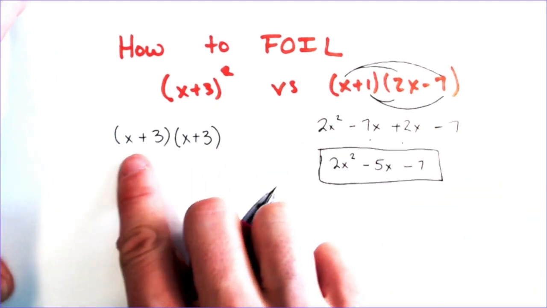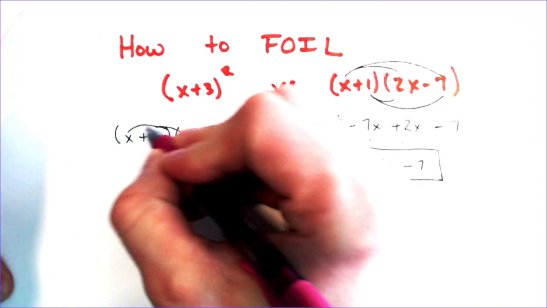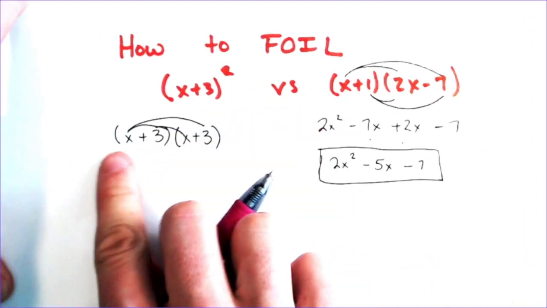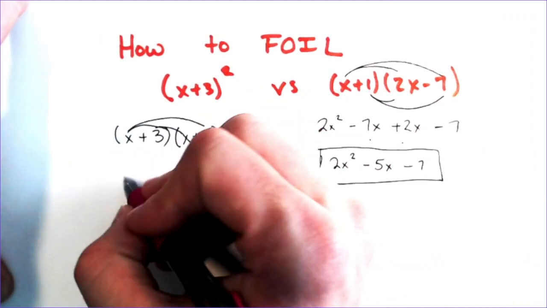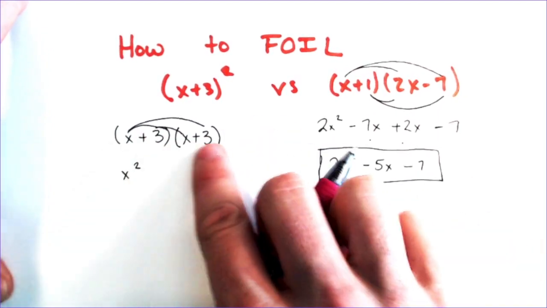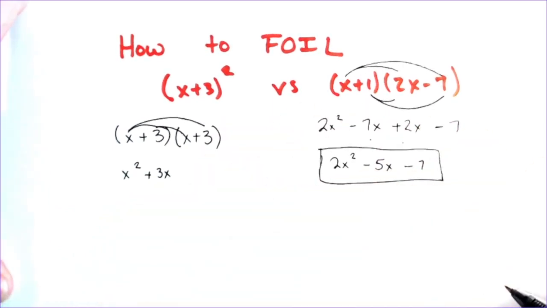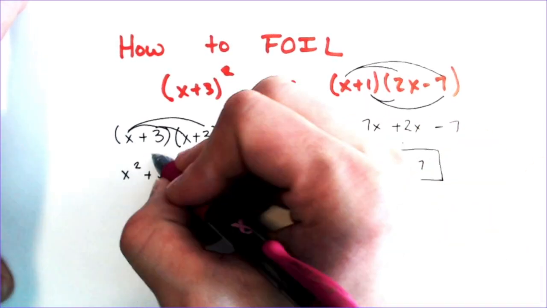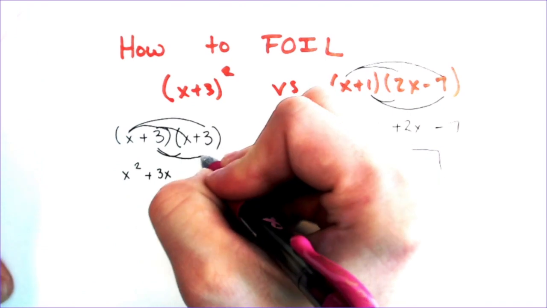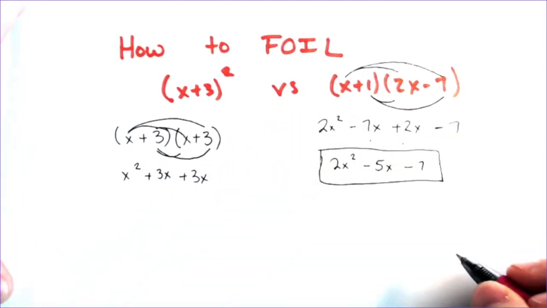So we're going to end up distributing twice. We're going to distribute the x to both terms. X times x, easy, x squared. X times 3, also easy, 3x. After we get that, we need to distribute the 3 to both terms. 3 times x is 3x.